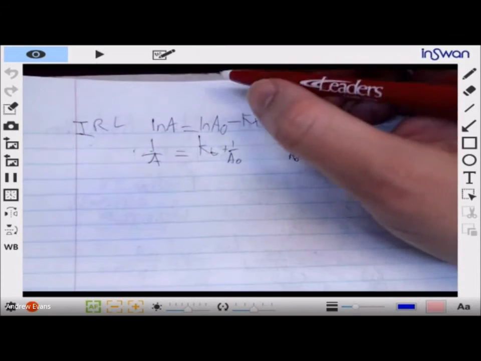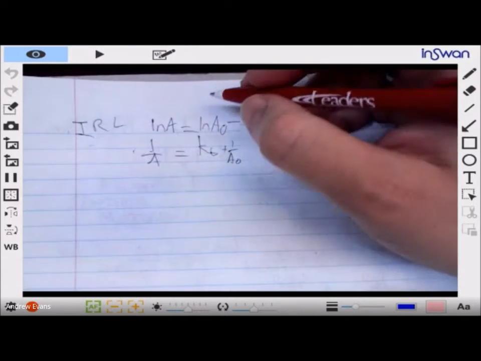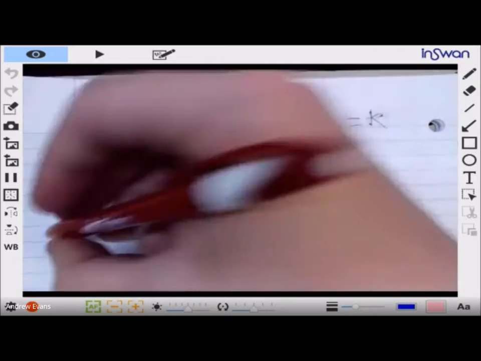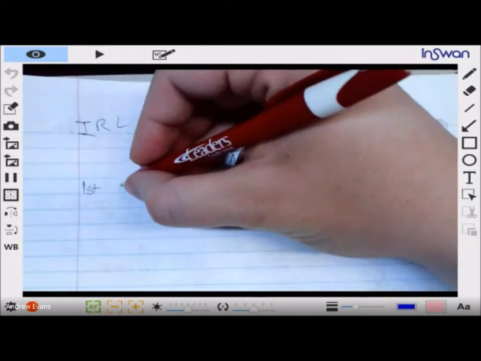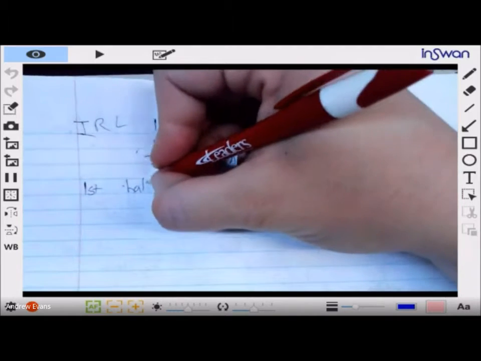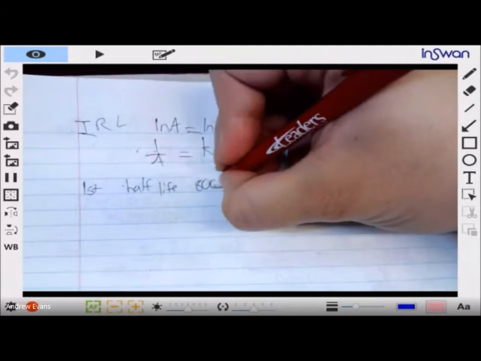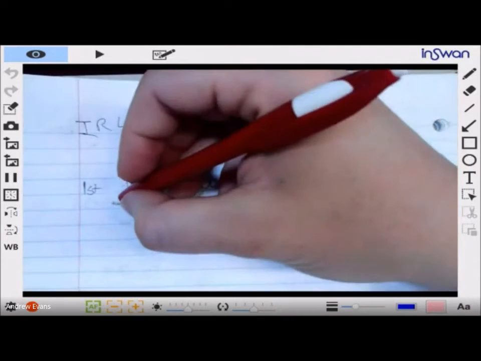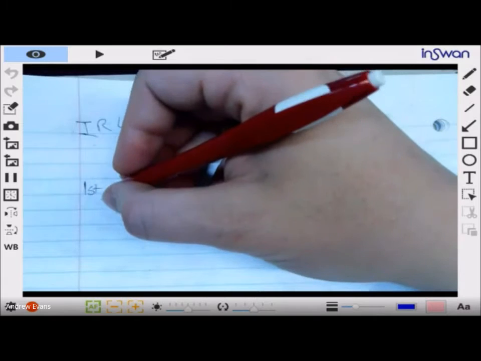But so how do we do it? If we have a first order reaction, we'll say with a half-life of 800 seconds, and I want to know how much is left.